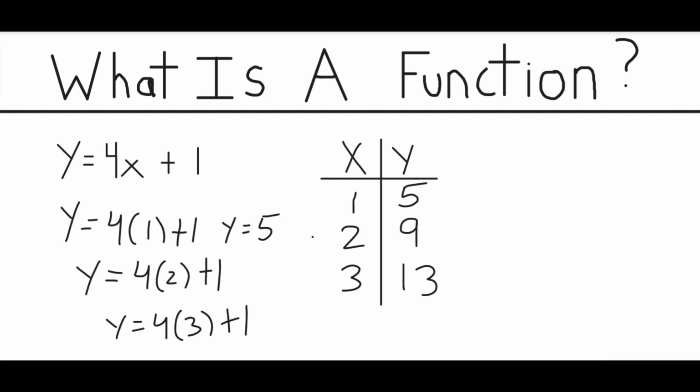But let's say, for example, what happens if we plug in 2 and we got two answers? What happens if we plug in 2 and we get y equals 9 and y can also equal, let's say, 15? If you saw this in an ordered pair, it might say that a graph has the points 2, 15 and also 2, 9.